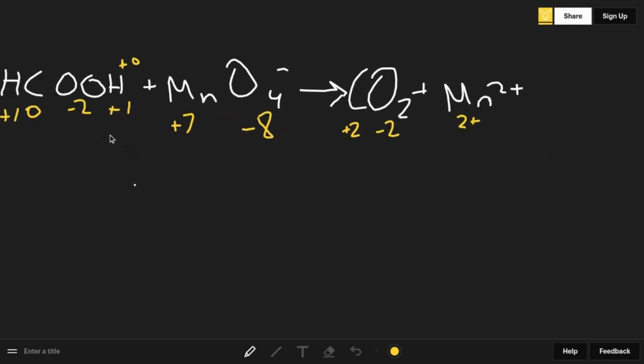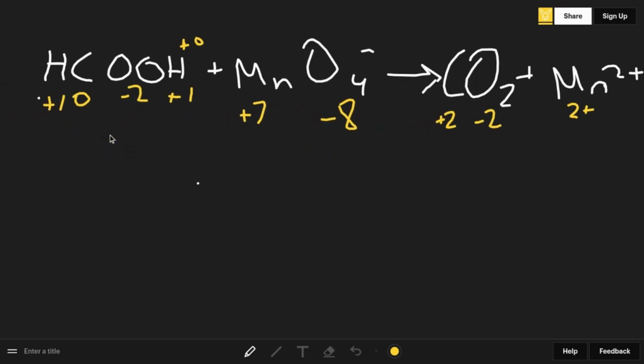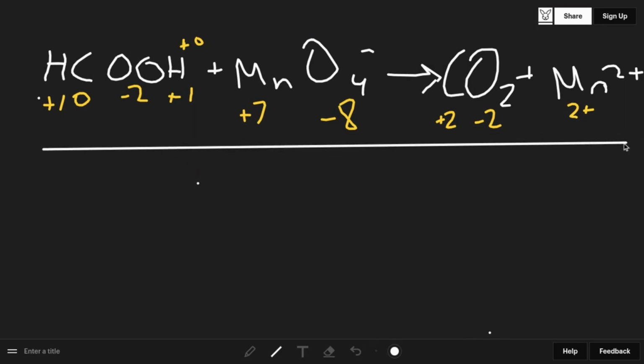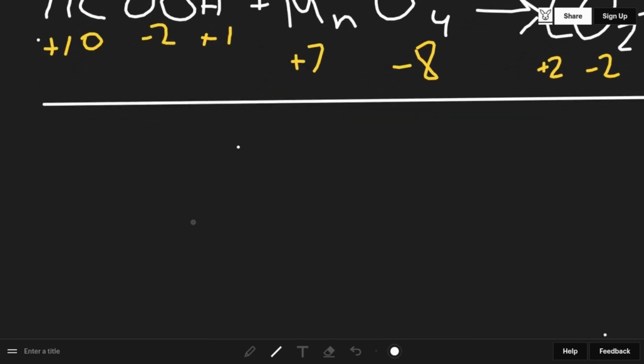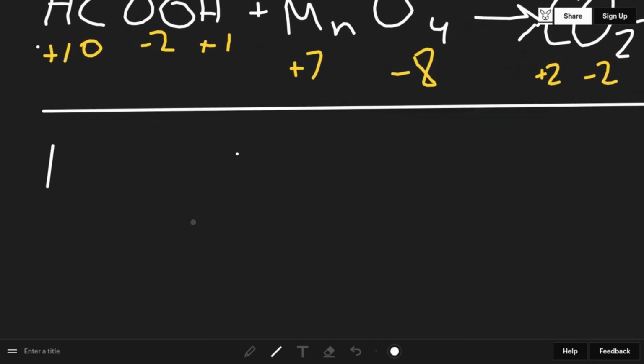So now that we've got our oxidation numbers for each, we can now figure out which is the reduction half reaction, and which is the oxidation half reaction. So let's go with the reduction one first.